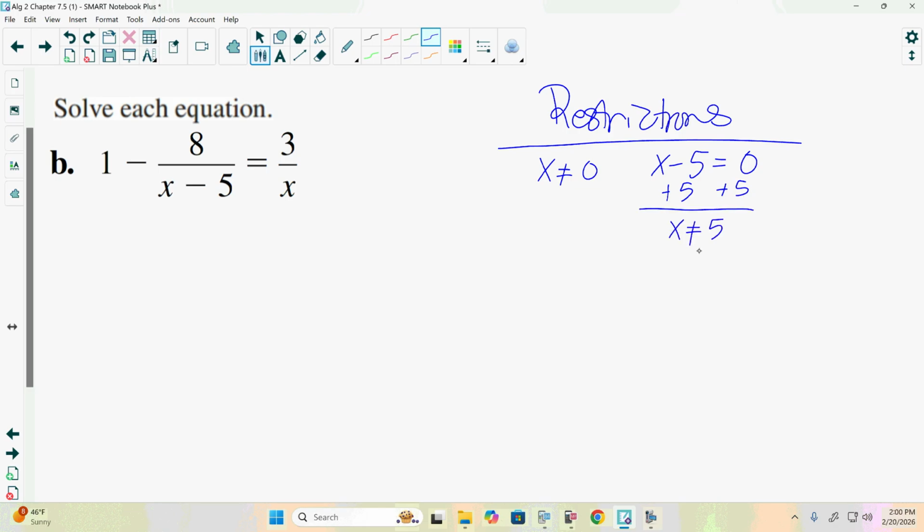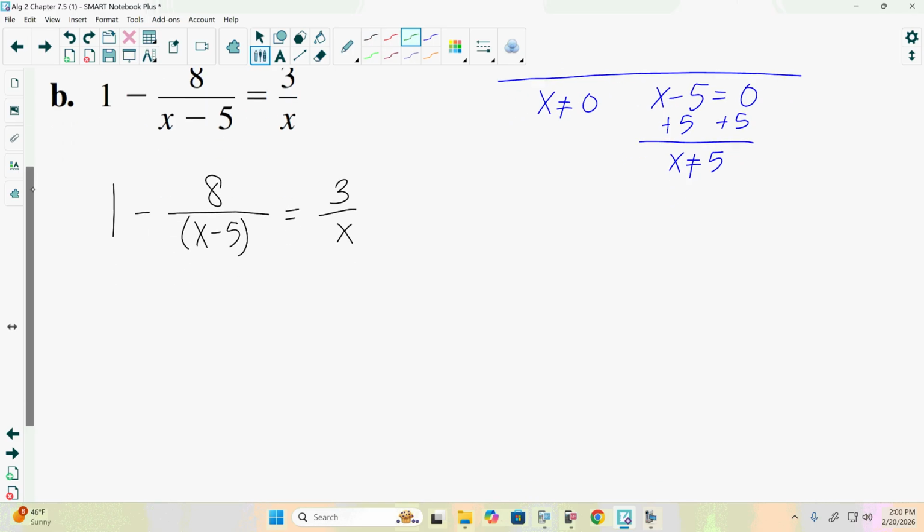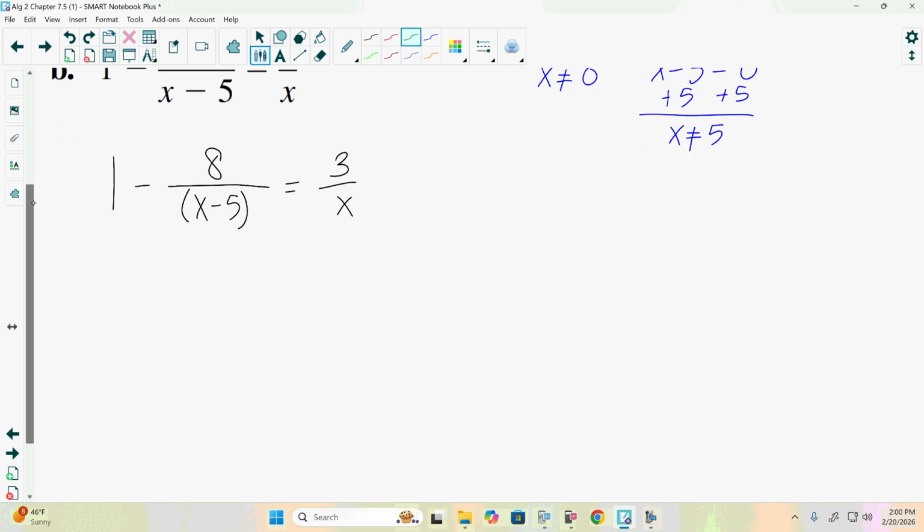Telling us that x cannot be 5. But really, x minus 5 is just saying what minus 5 is 0? 5. All right. Now we need to figure out what we need to multiply everything by. x.